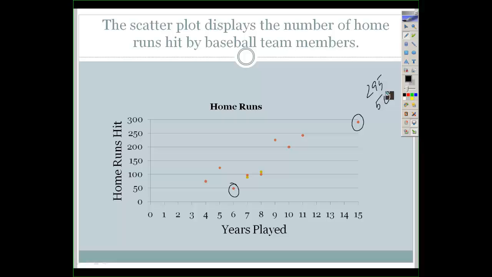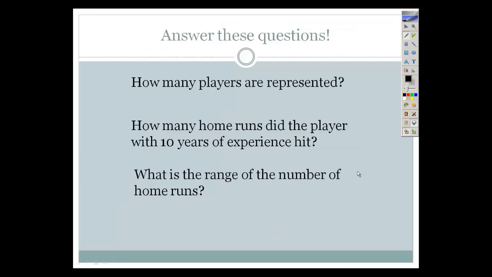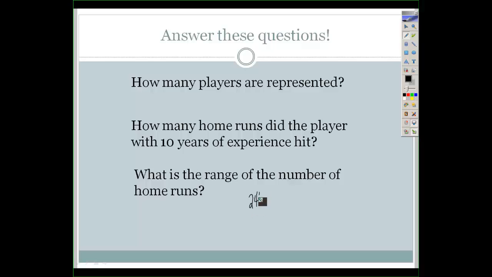To find the range, we take the biggest number minus the smallest number, and I'm going to say that must be 245. There's a range of 245 home runs. The range is 245. Okay, so we've answered all these questions just by looking at a scatter plot.